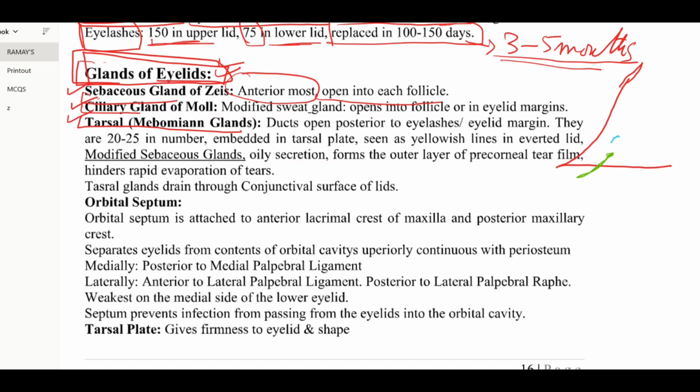Here we can say there is one type of glands present. These are known as the glands of Zeis. Sebaceous glands of Zeis. Okay.